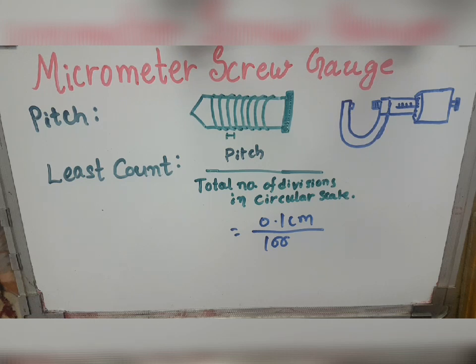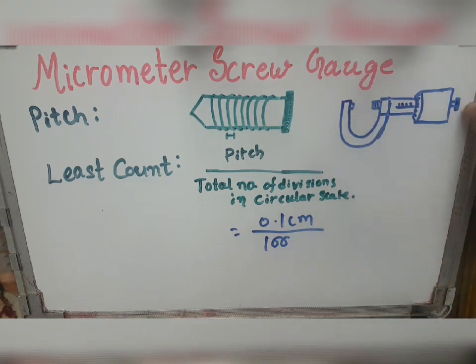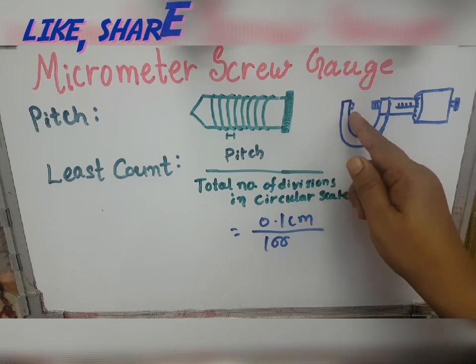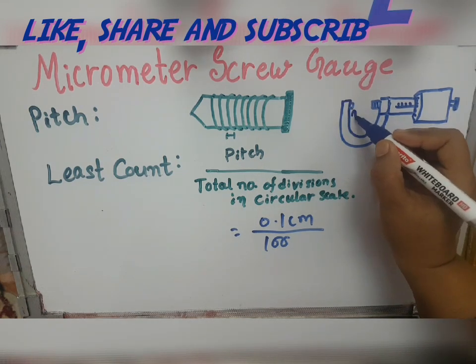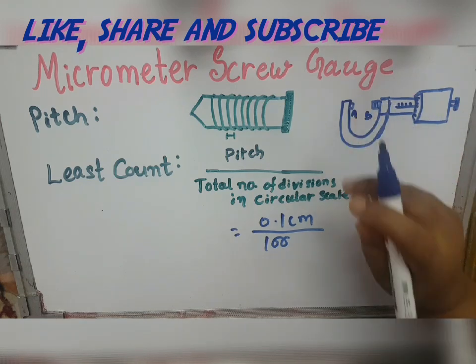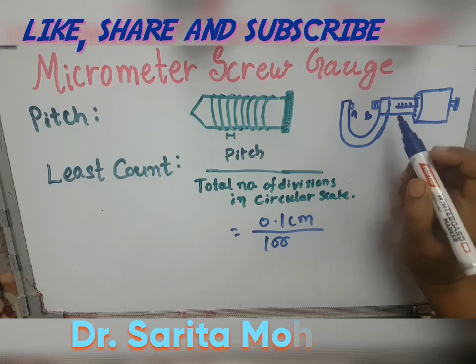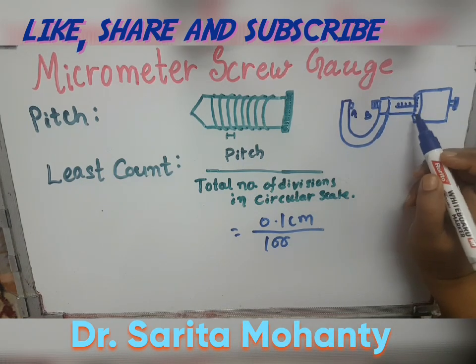To make a measurement, we have to first close the two jaws by rotating this ratchet until the ratchet makes a rattling sound when the two jaws A and B meet with each other. Then we have to see whether the zero of the main scale coincides with the zero of the circular scale.